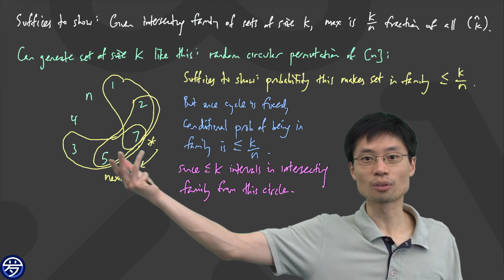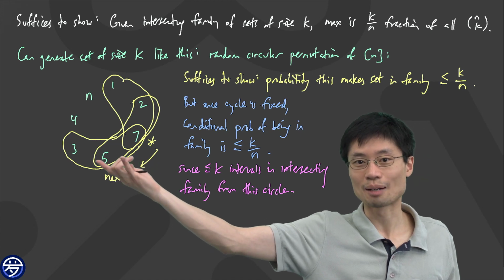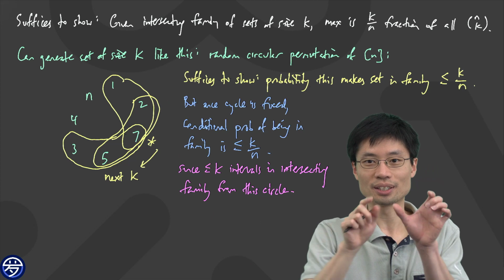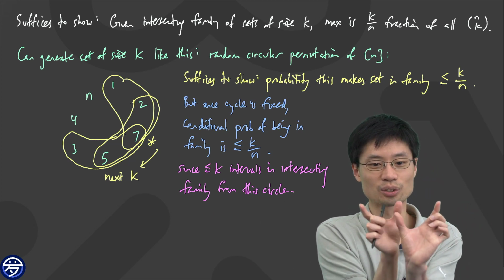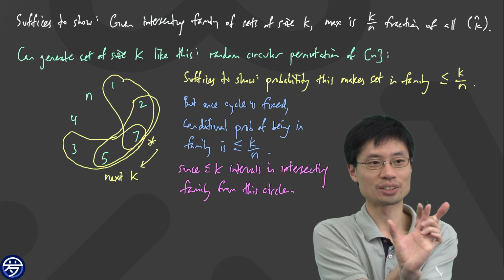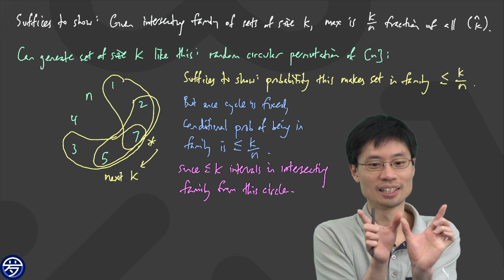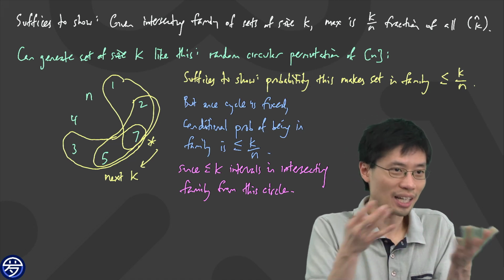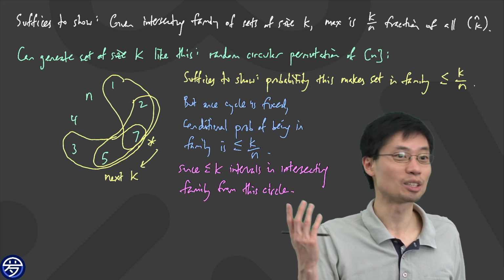The moment you stick down one of these, you can already see what happens. If I have an intersecting family of intervals, they just have to go from somewhere all the way along to somewhere else. It starts here and goes to there. Did that make sense to people? That's the most you can do with intervals, and the most you could have is at most k. And that's it. That's the beautiful proof here.